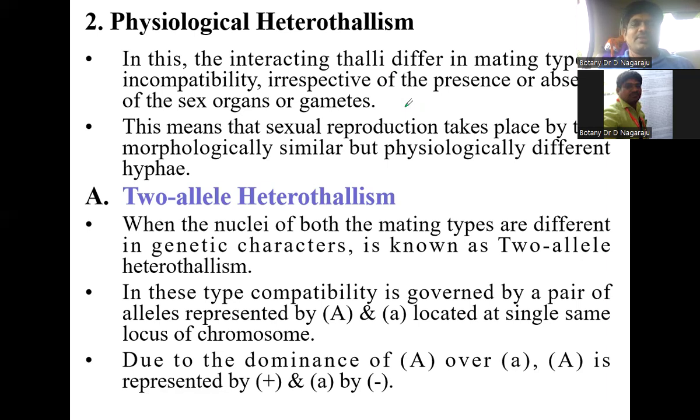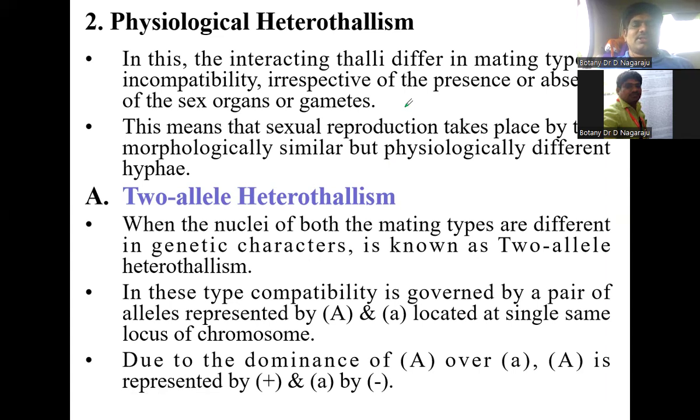Mucorales. Here, different mating types, thalli differ. They have sexual incompatibility, because of genetic variation in the nucleus of the hyphae.